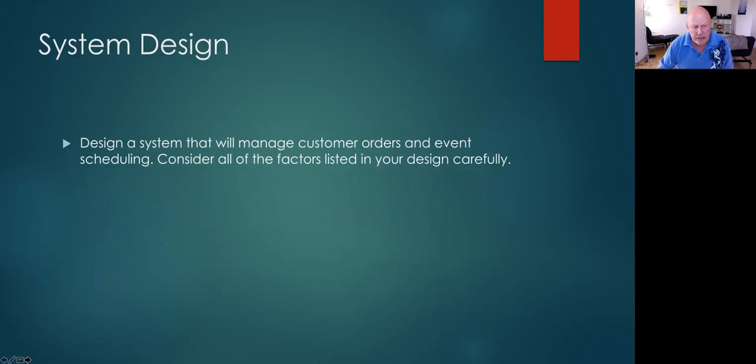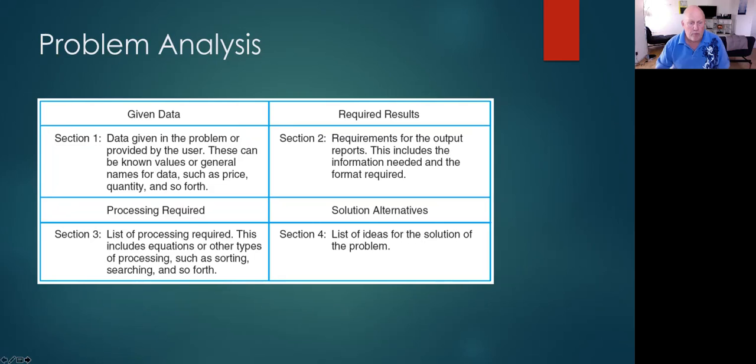So, for your project, you are to design a system that will manage customer orders and event scheduling. Consider all the factors listed in your design carefully. So, problem analysis. Here's the problem. Section 1 is the data given in the problem provided by the user. These can be known values or general names of data such as price, quantity, and so forth. Section 2 is the requirements for the output reports.